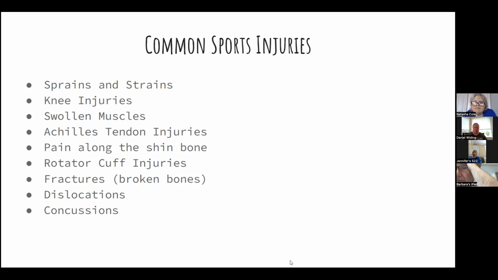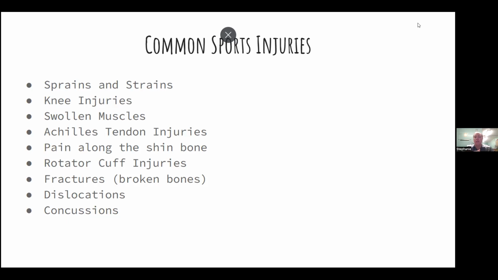This first slide, I just put what some of the most common sports injuries are. I know the one that most people don't know is what a concussion is. Did you want to explain that? Sure. Well, we can go down the list too. So sprains and strains are basically a pulling and over-stretching.